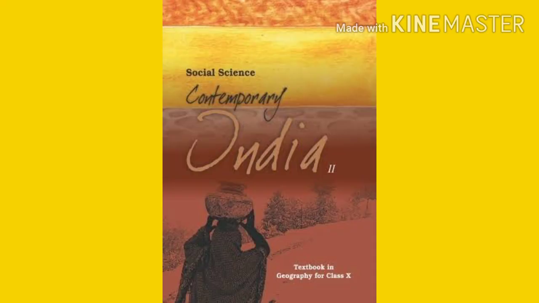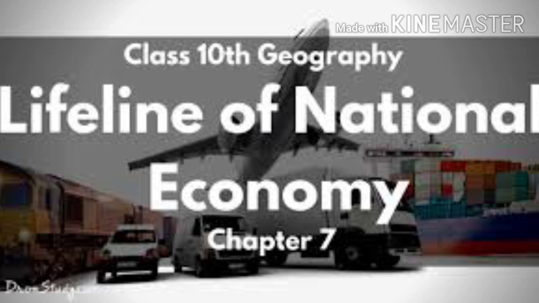Last class we studied the geography chapter Lifelines of National Economy. In this chapter we completed topics like the importance of trade, transport and communication, and how efficient and fast means of transport and communication help the overall development of our country.